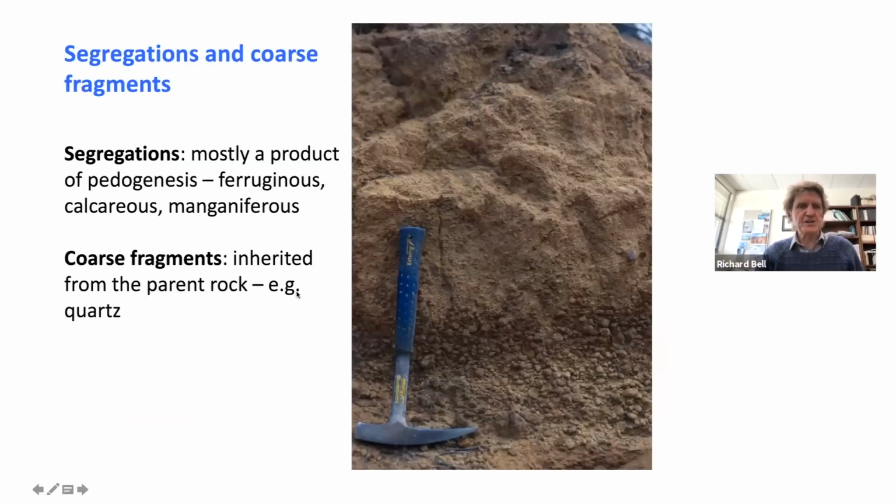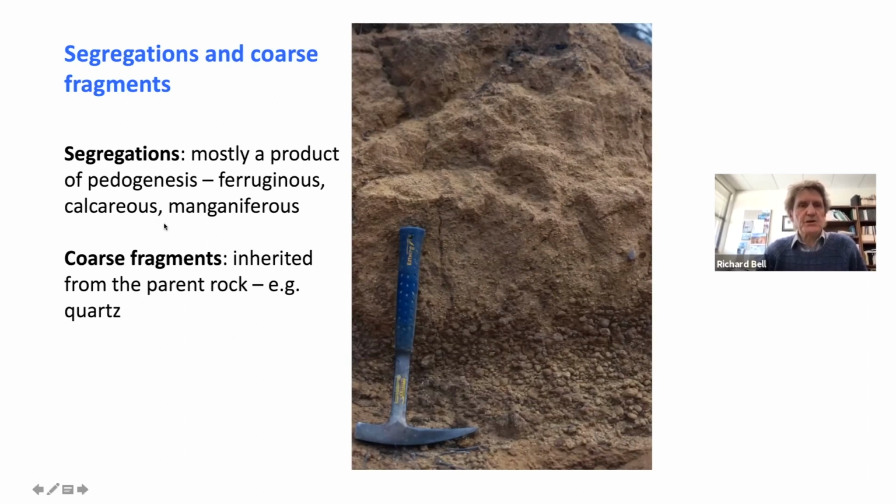Similar to segregations are what are called coarse fragments. The difference between them is a coarse fragment refers to part of the parent rock that hasn't yet weathered. So in granite-based soils, you might find coarse fragments of quartz.